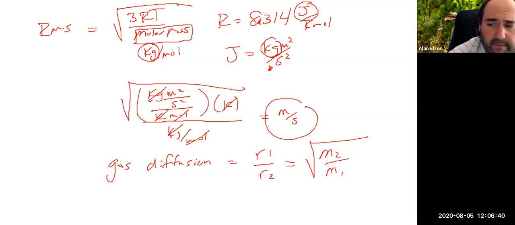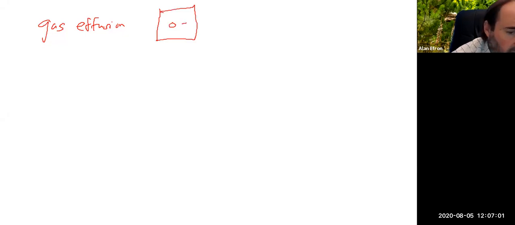I think we might even have done an example where we figured out a formula based not on gas diffusion, but on gas effusion. Gas effusion is the process by which gas molecules escape through a hole in a container from one side to the next.